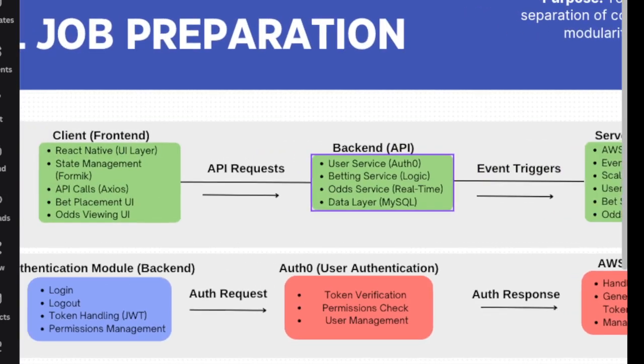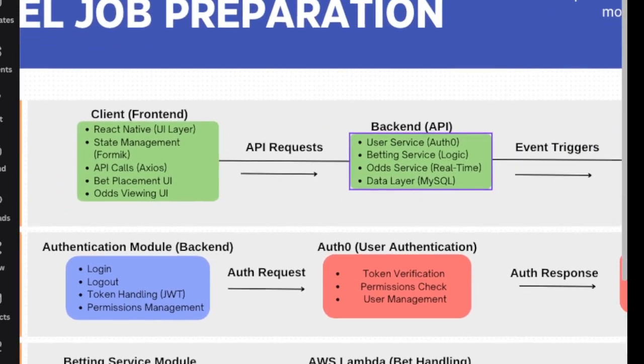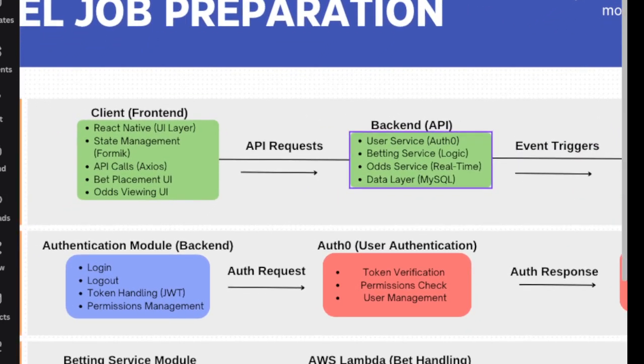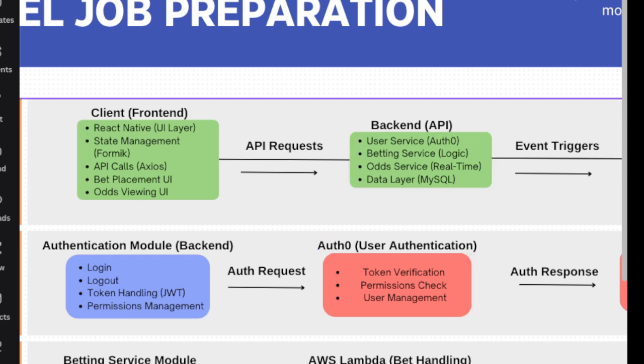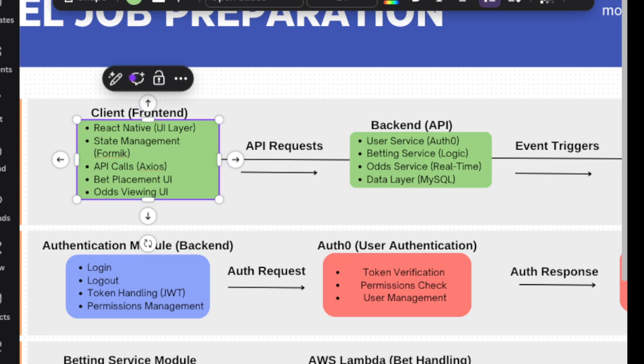elements here. We have our client, which is the front end. This is going to be comprised of the React Native UI layer, and the state management, which is going to be with Redux.